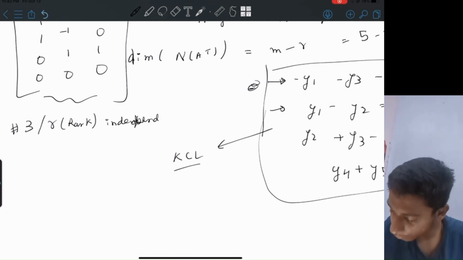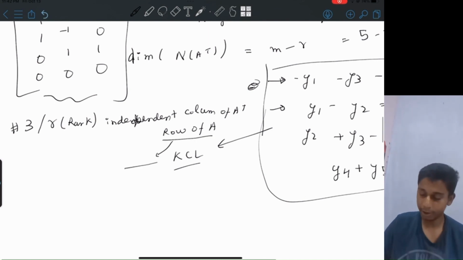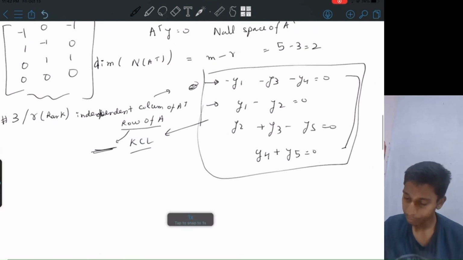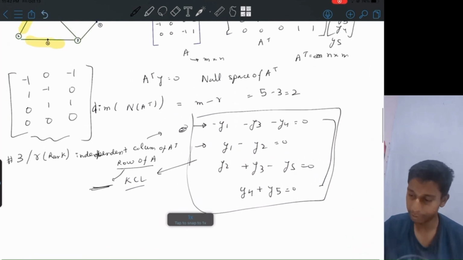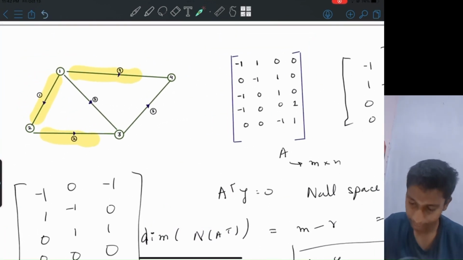That is, columns of A transpose and rows of A, where we already know that each row of A and each column of A transpose represents a specific wire. This is a really important fact.